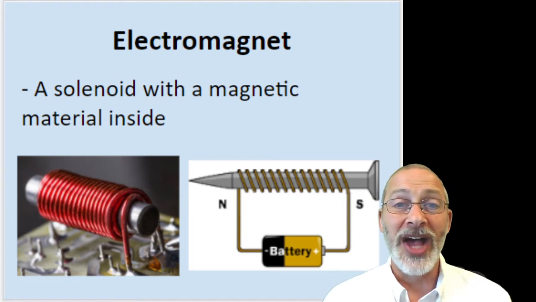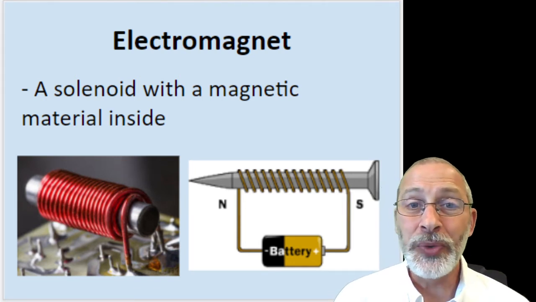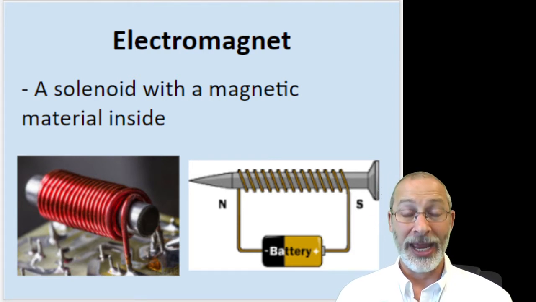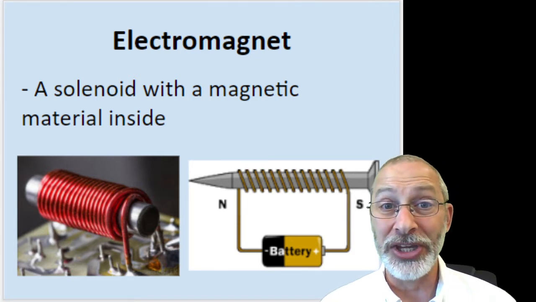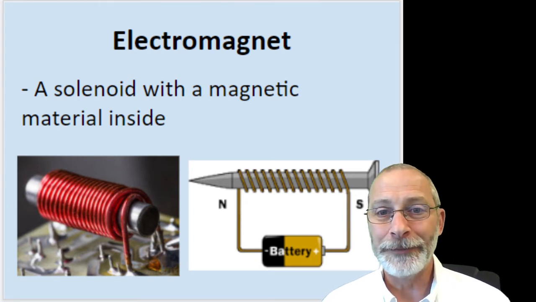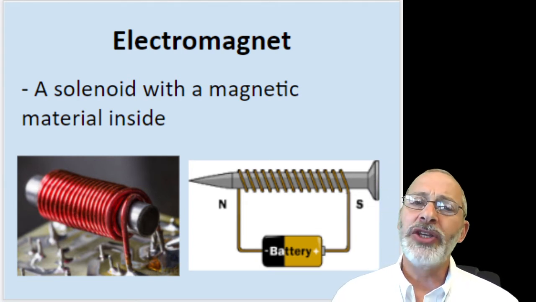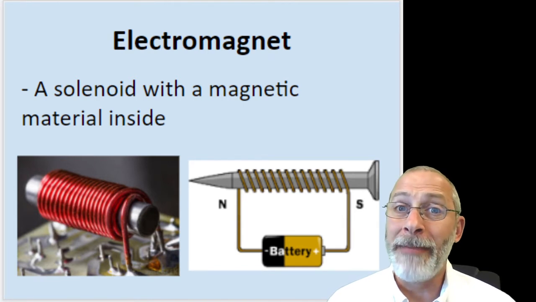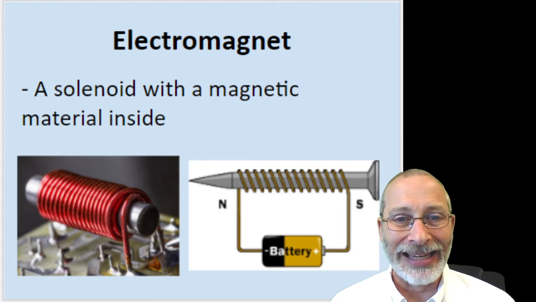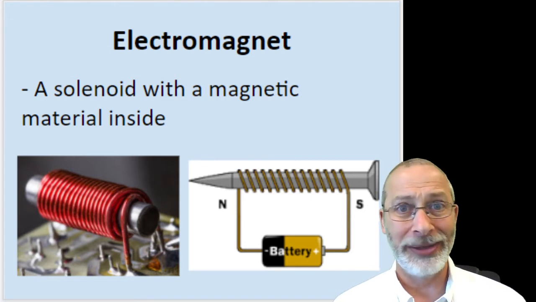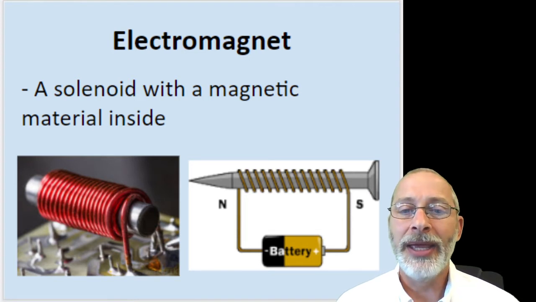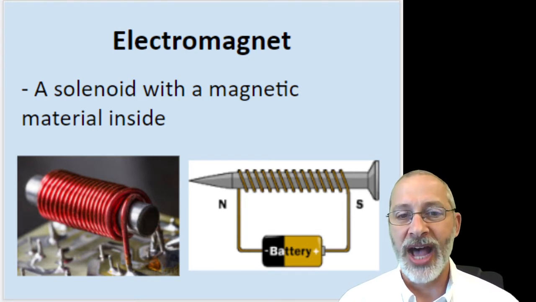Now, early scientists played around with these relationships between electricity and magnetism, and we're going to watch some videos on that very idea in just a little while. But as we are learning about electromagnets, let me just tell you quickly what it is. An electromagnet is a solenoid, whatever that is. I'll tell you in the next slide, with a magnetic material inside.